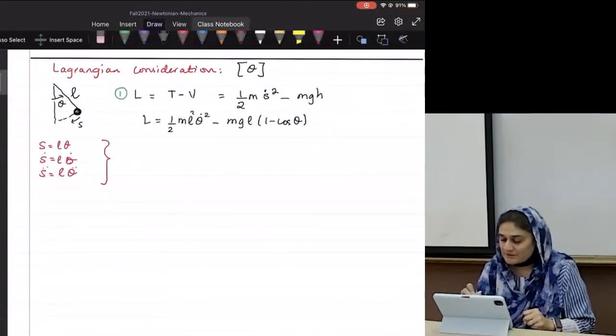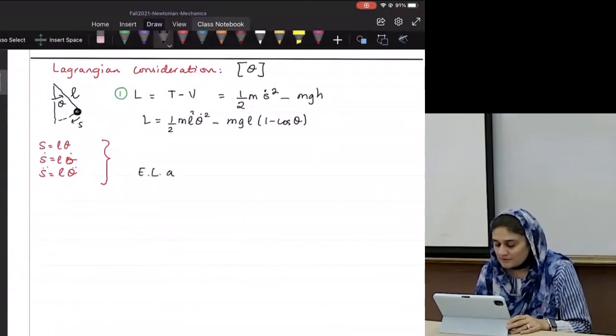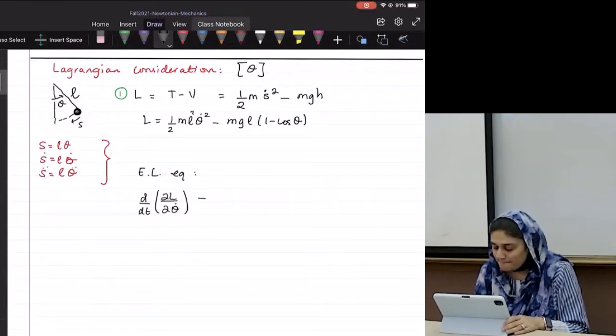Okay, what's next? Pick which equation you want. Euler-Lagrange equation. First one. What's the first one? d over dt of partial L over partial theta dot minus partial L over partial theta.